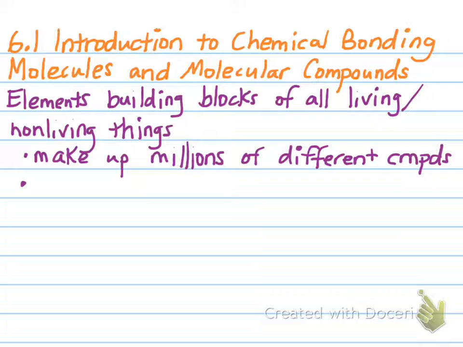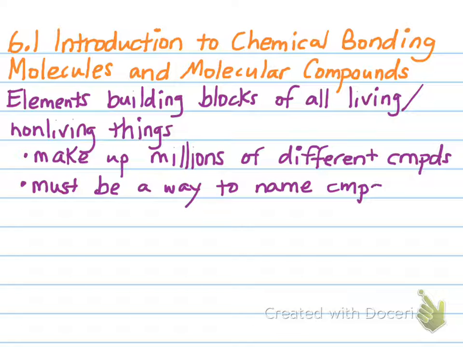If these 109 to 112 different elements can make up millions of different compounds, we have to have a way to name them. So there must be a way to name these different compounds.